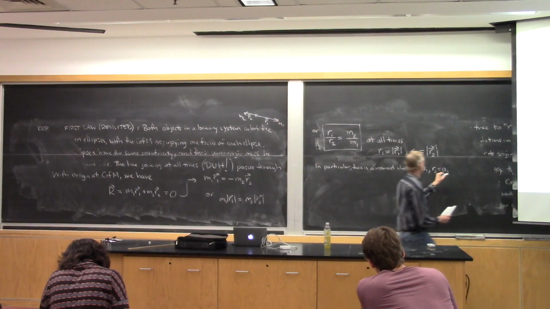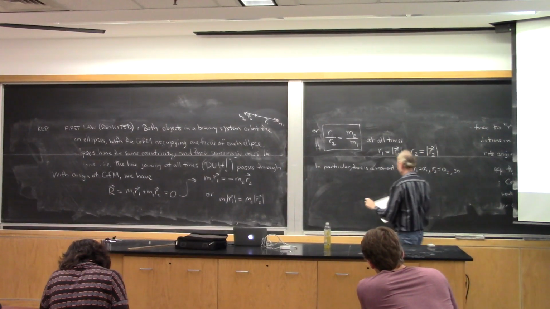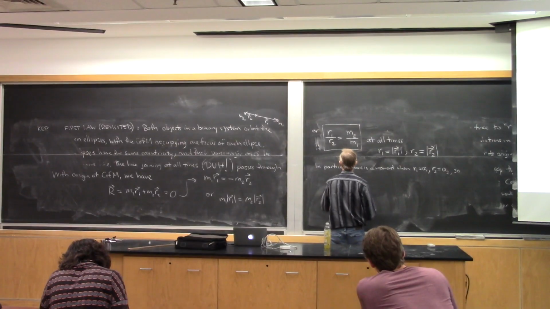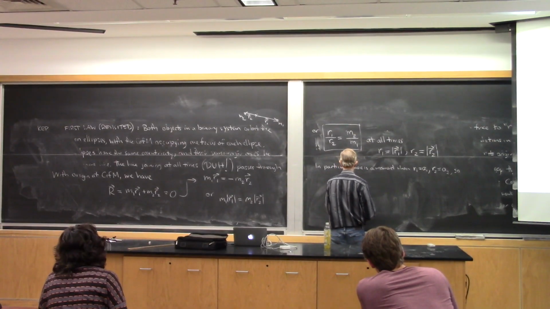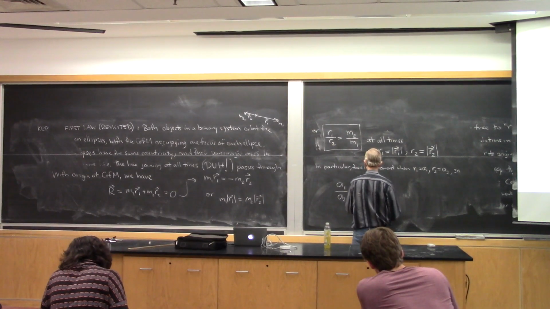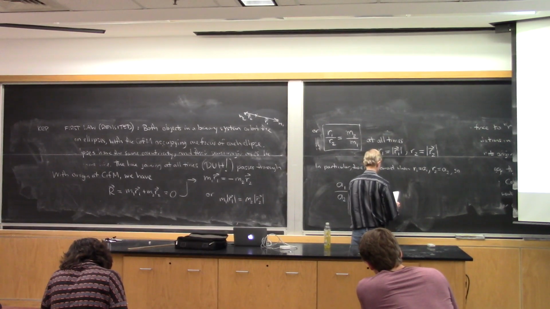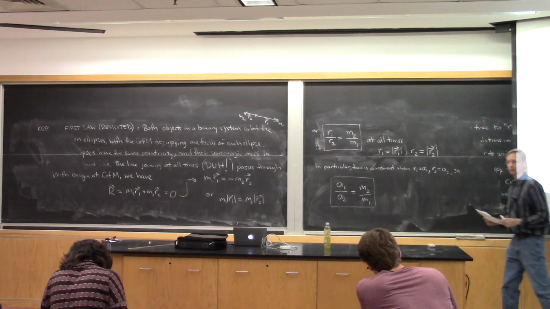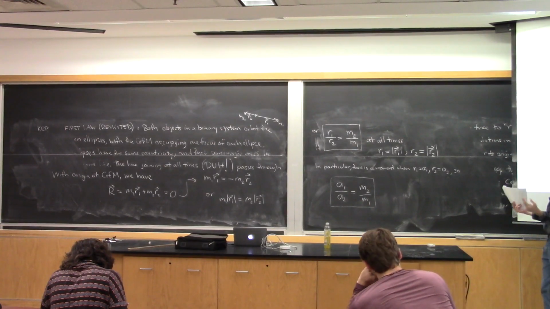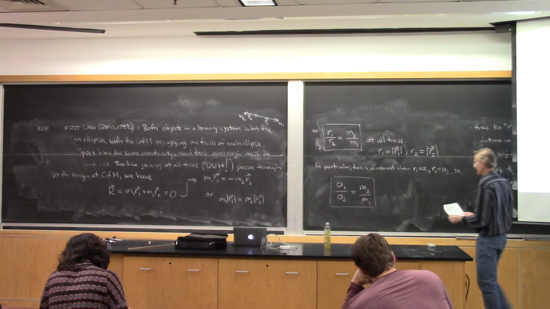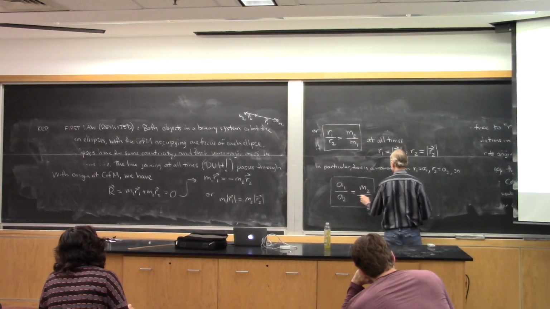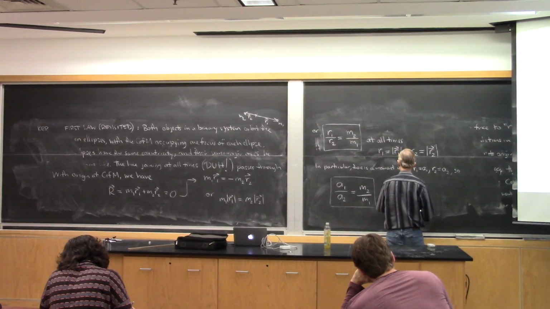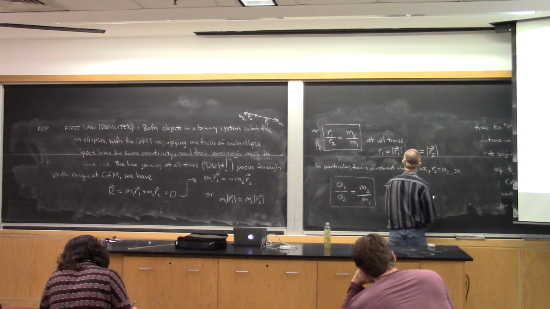So we can also say that A1 over A2 is equal to M2 over M1. In other words, the larger mass moves on the smaller orbit, which is what we said. And of course we know that because the center of mass is closer to the more massive one. So the larger mass moves on the smaller orbit.